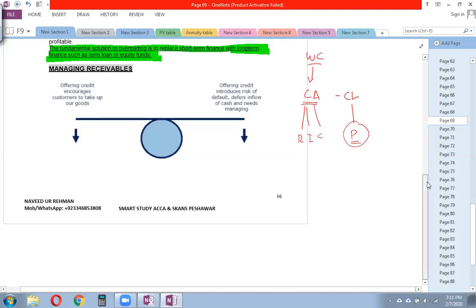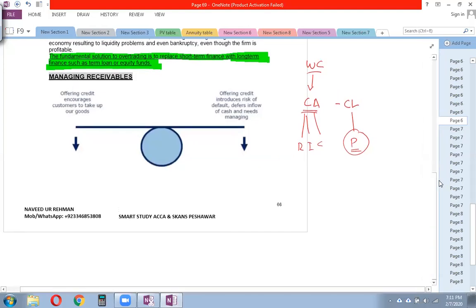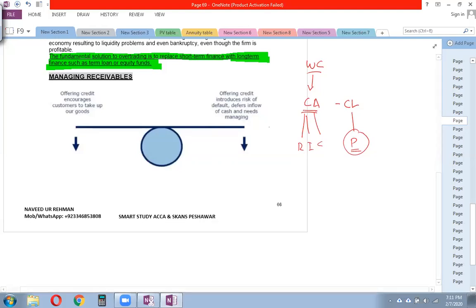Receivables, should we have more receivables or less receivables, right? Again, the answer is it should be in a balance. Are receivables good? Well, receivables are good because, of course, you encourage your customers to buy more from you, so you offer them credit. So it encourages your sales.